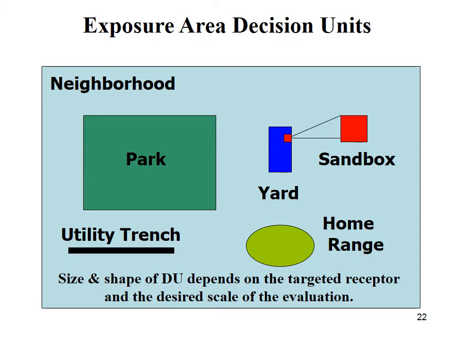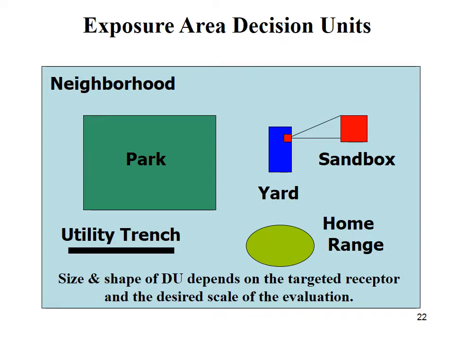Again, whatever decision unit size is chosen, whether it's a large park or neighborhood size, if you're sampling 50 to 100 increments in here, you'll get the average level of contaminants in that park or neighborhood, and in some cases that is the question that you're starting with or are working with.